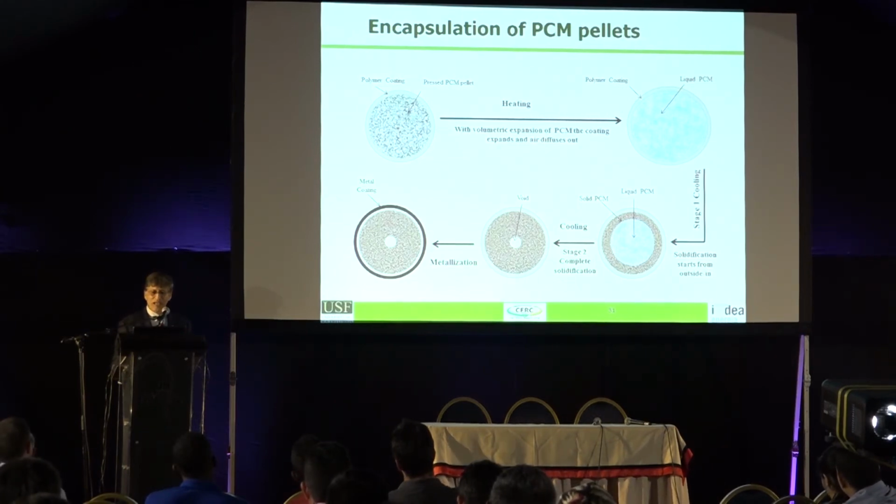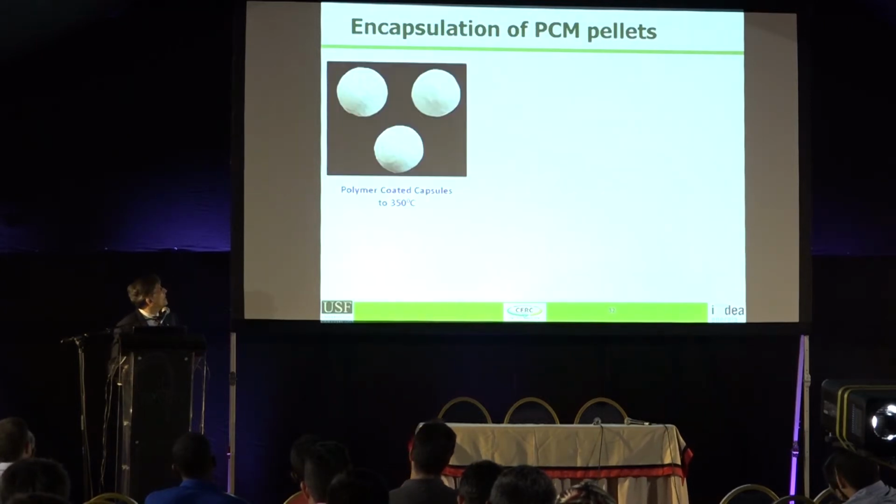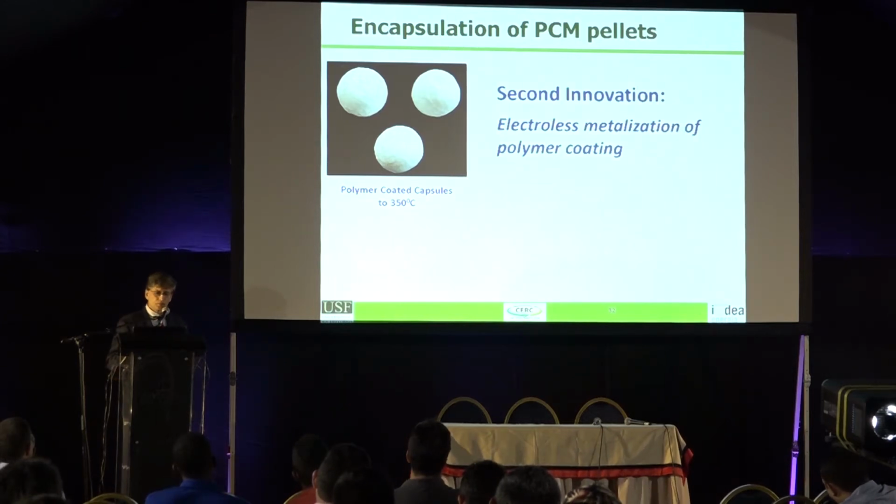Okay. So that's how we encapsulated, and this shows an example of these polymer-coated capsules that will work up to 350 degrees C. Then we developed another method called electroless metallization of polymer coating.